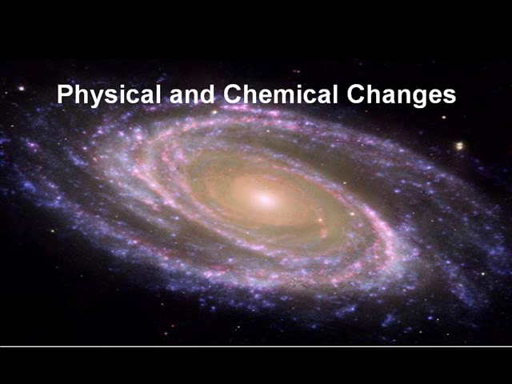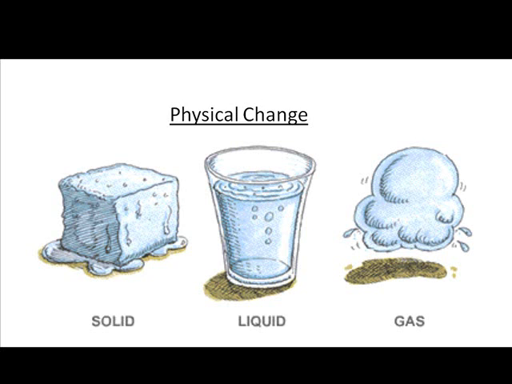Now, matter, whether it's a mixture or pure substance, whether it's an element or whether it's a homogeneous mixture, whatever all those things are, matter can undergo two kinds of changes. It can undergo a physical change, and material can undergo a chemical change. What's the difference? A physical change is when the material changes state, and this involves changing the temperature.